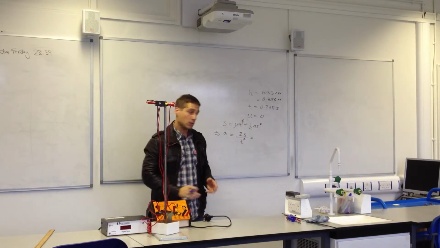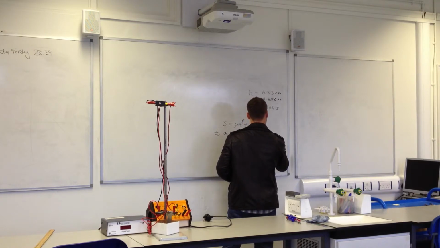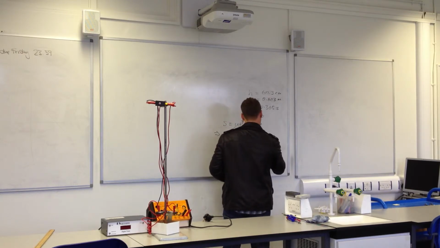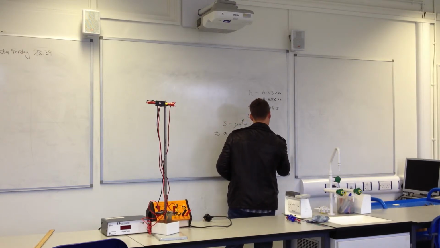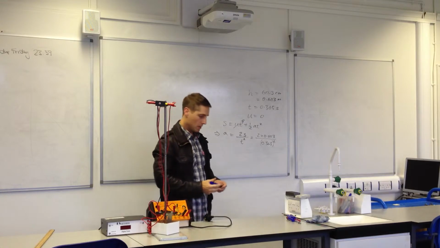I substitute my values in, so that's 2 times 0.603 divided by t squared, which is 0.365 all squared. And when I calculate that, I'll get my value.